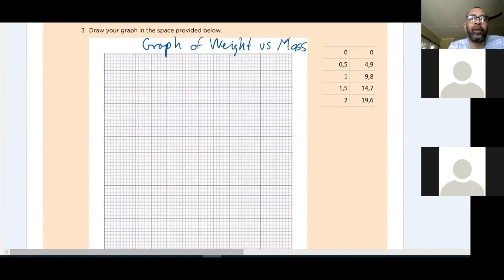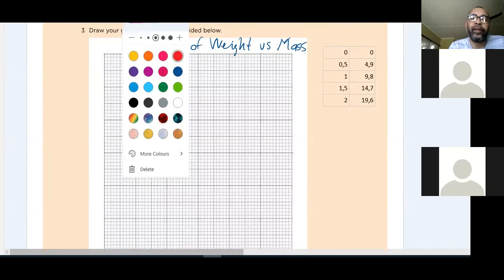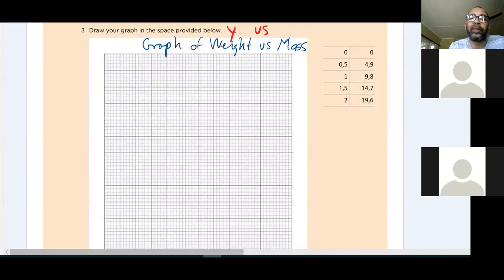You might ask yourself, why did you put weight first and not mass? Because typically in physical science, we would like to see the value on the y-axis be written first. So this is typically y versus x. You get 1 mark for putting the heading down, something which a few of you forgot on the previous graph.